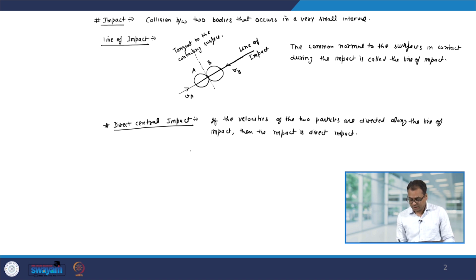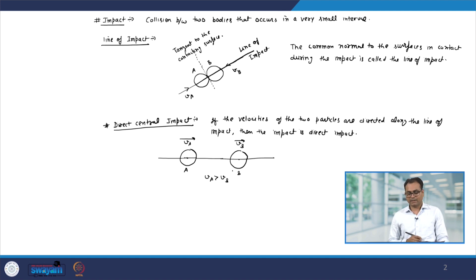For instance, let us say I have a particle A which is moving with velocity V A and I have a particle B which is moving with velocity V B and they are moving along the line of impact. So, along this line, and of course, for the impact V A has to be larger than V B, then this is the direct central impact. Over here also it was the example of the direct central impact.